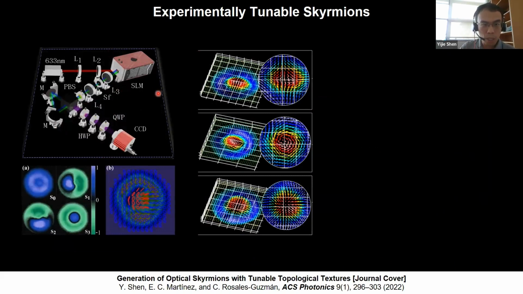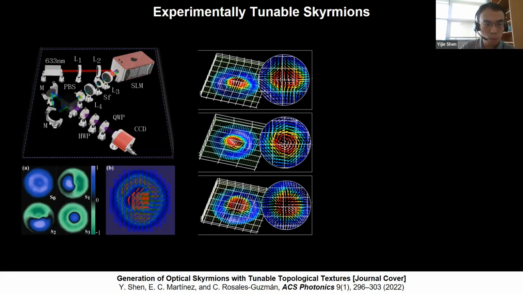The method uses a spatial light modulator, which can be liquid crystal based or micromirror based. Anyway, we can use it to shape the light mode. We split the SLM mask into two parts, the blue and the green part.